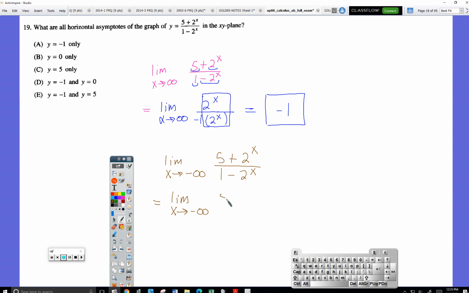So the limit as x approaches negative infinity is a positive 5. Correct answer is E. So they just throw in the y equals 0 to throw you off? Yep.